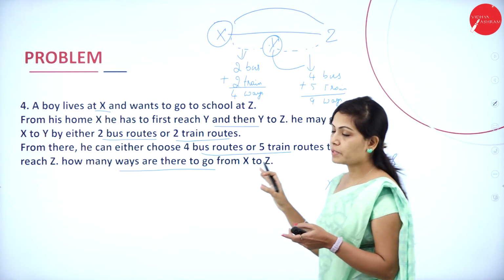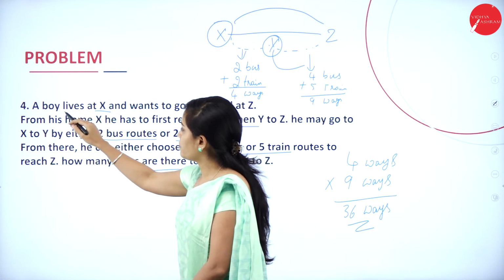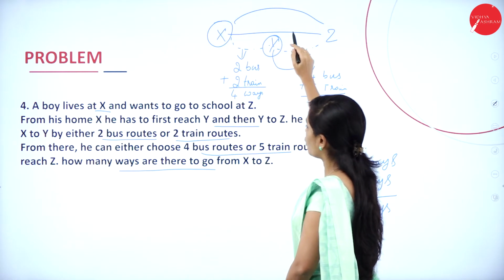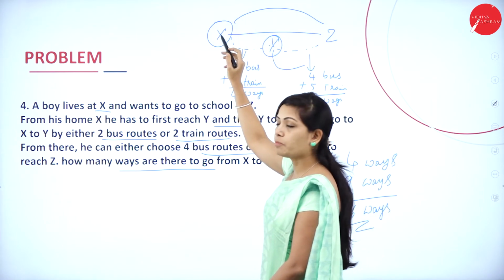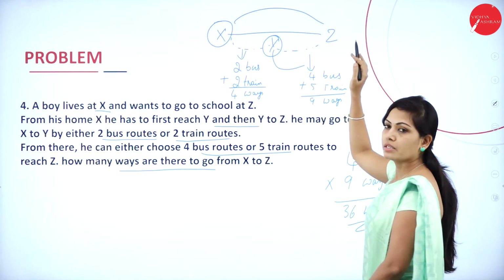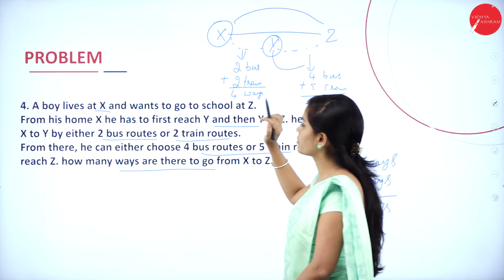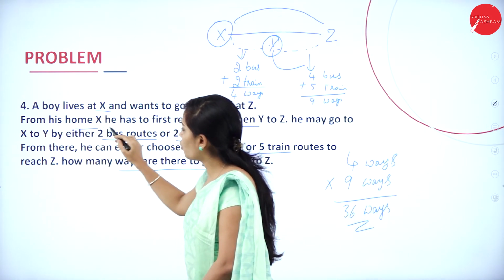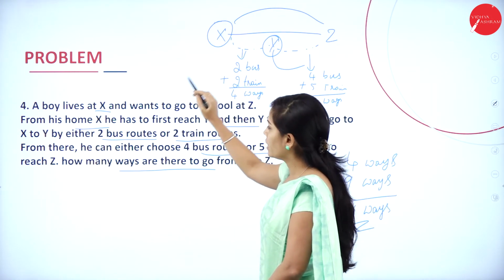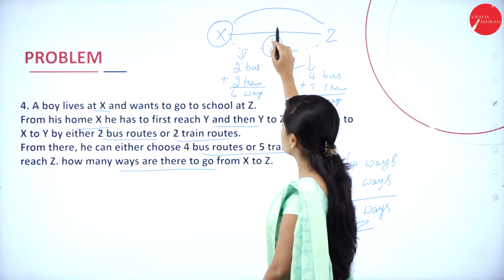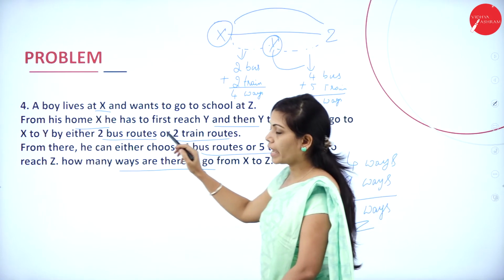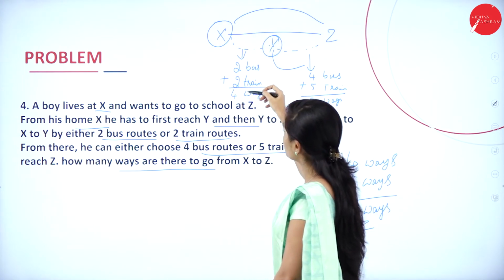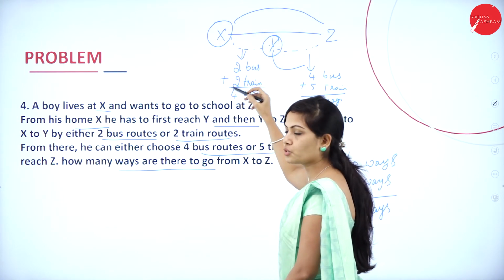So it is very simple concept. I'll repeat again. A boy lives at X and wants to go to school at Z. So X is the starting point and he has to reach the destination called Z. From his home X, he has to first reach Y and then Y to Z. He may go from X to Y by 2 bus routes plus 2 train routes.